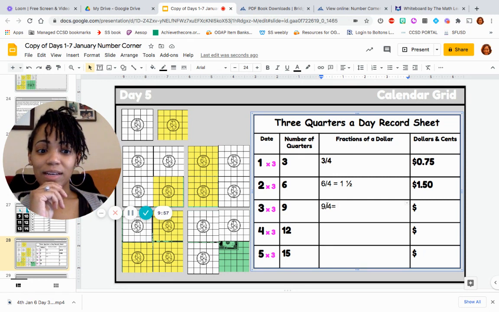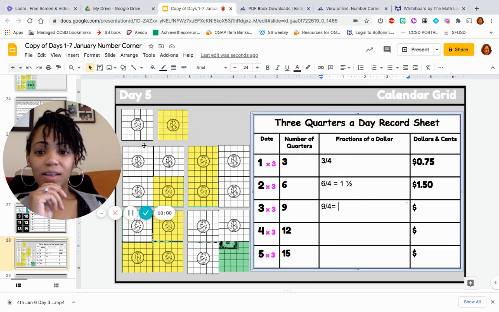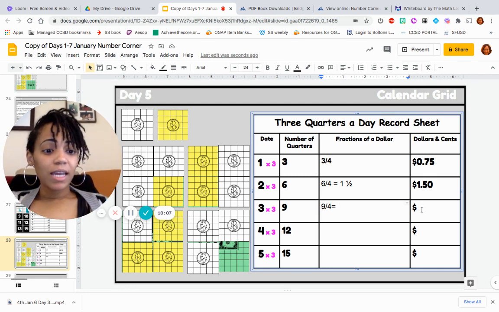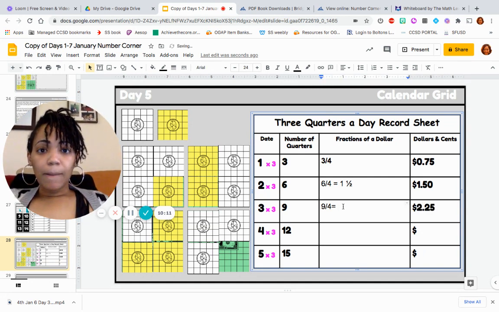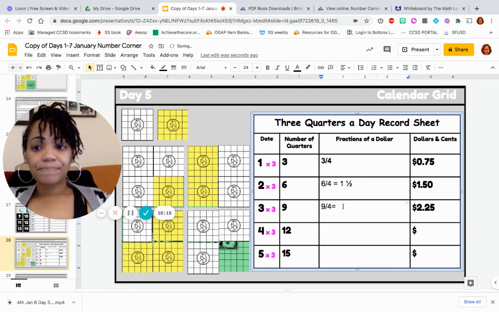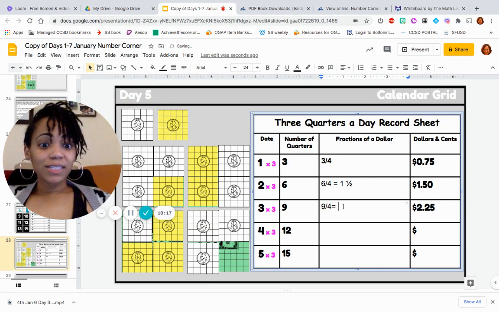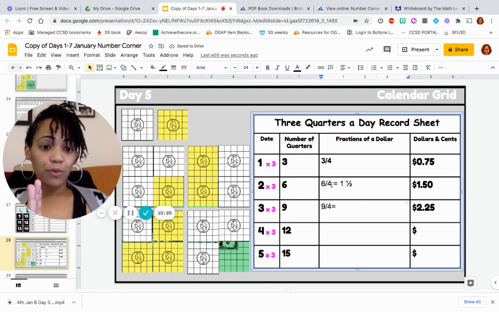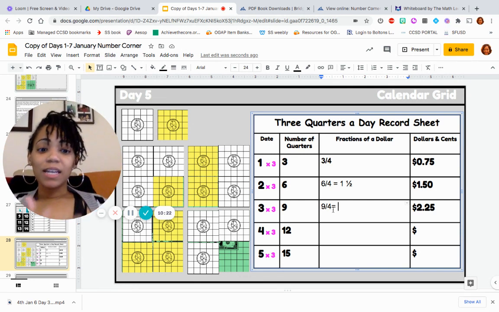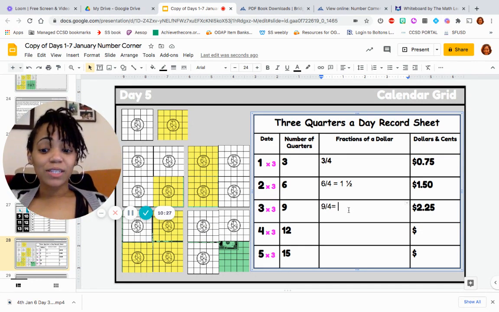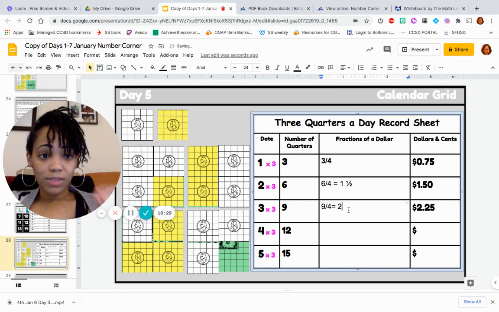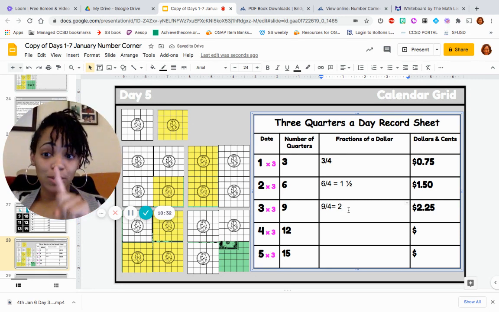Right, well, how much money is that? Here's day 1, here's day 2, here's day 3. $2.25, right? And I'll go ahead and add that here, but how do we know it's $2.25? 9/4 is like saying, just like 6/4 was 4/4 plus a fourth plus a fourth, 9/4 could be 4/4 plus 4/4 plus a fourth, which is 2 whole. 4/4 is equal to 1 whole.